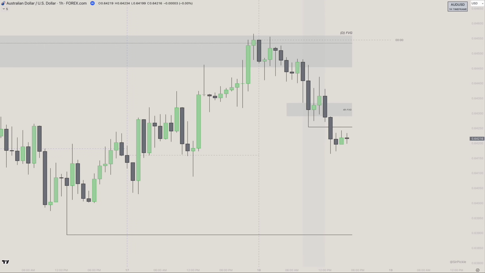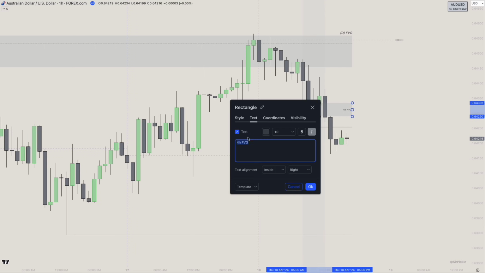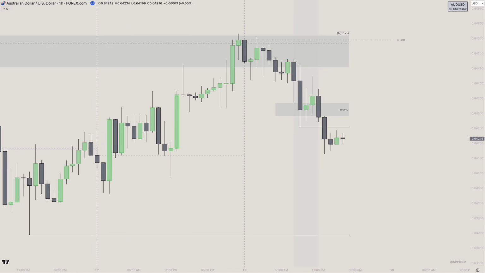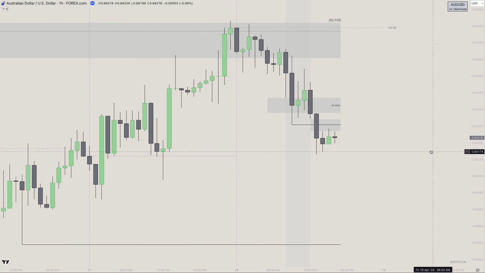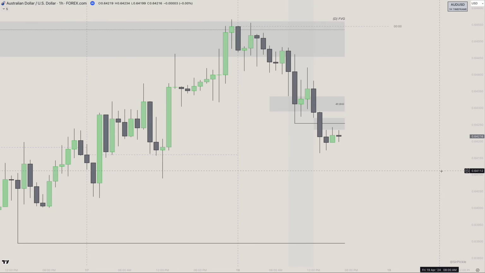So here we are on the 4-hour chart, and remember, this is a 4-hour breakaway gap I don't expect to get traded into. Remember, I wanted to find a new premium array to seek lower prices from. We can see that right here. We have this 1-hour fair value gap overlapping with this old swing low. So this is looking very nice to frame a trade out of, and that's what I used to get into this short.